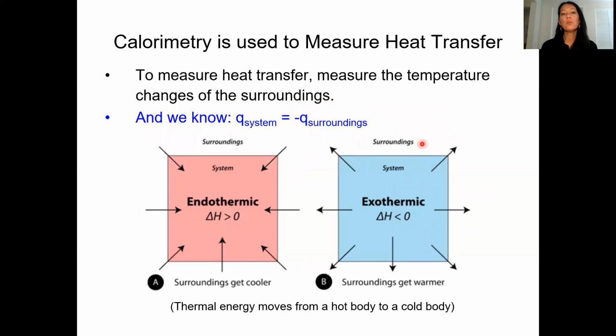So what we do with calorimetry is we measure the surroundings. If we notice a temperature increase of the surroundings, that means heat was absorbed from the system. So the system itself released heat to the surroundings and increased the temperature of the surroundings.